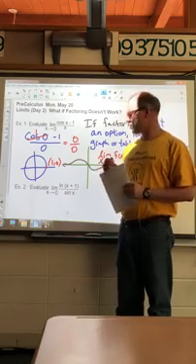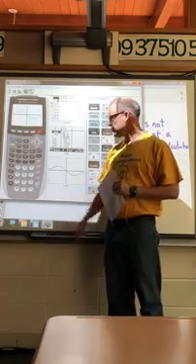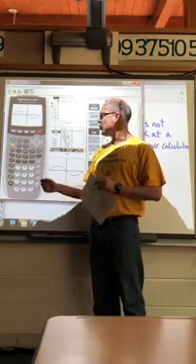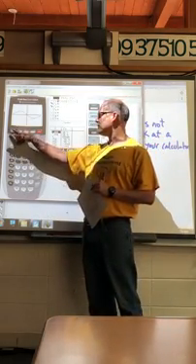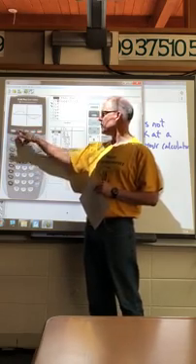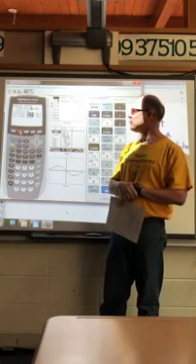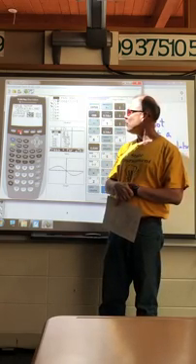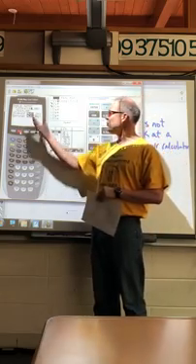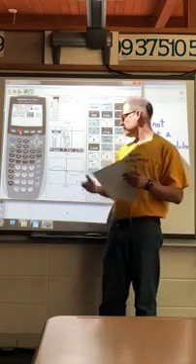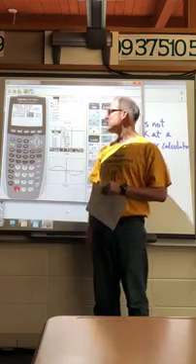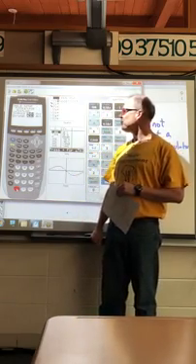The other thing we can do is look at a table. We haven't done much with tables this year. First, go to Table Set, which is above your window button. So that's second window for Table Set. Okay. This is actually not too bad. Usually you want your table to start at the value that x is approaching. So x is approaching 0, so I could just type in a 0 there.